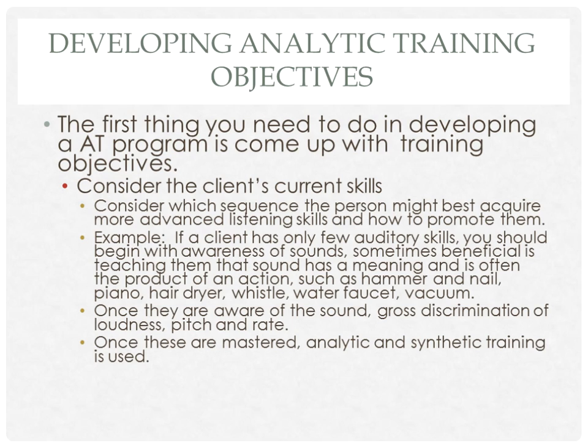The first thing you need to do in developing an auditory training program is come up with objectives. So literally you need to write a treatment plan, write objectives. And you have to consider which sequence the person might best acquire, and then you advance them.